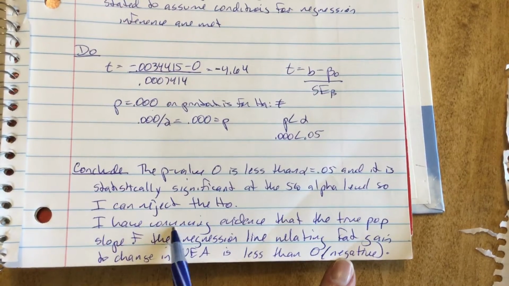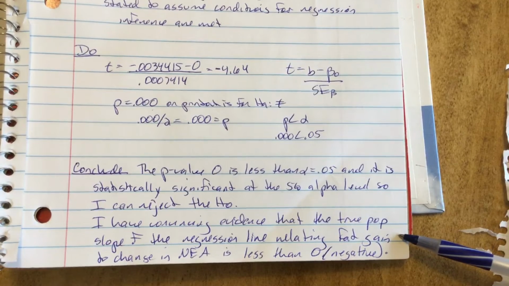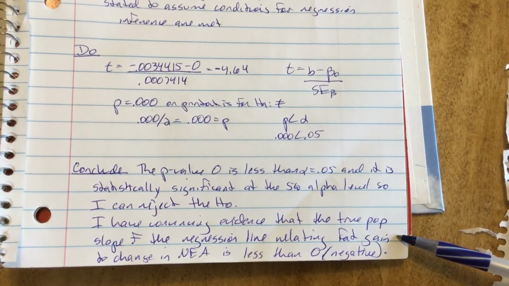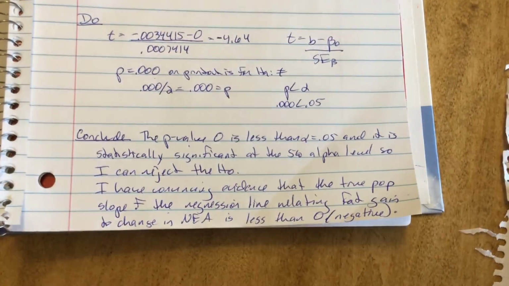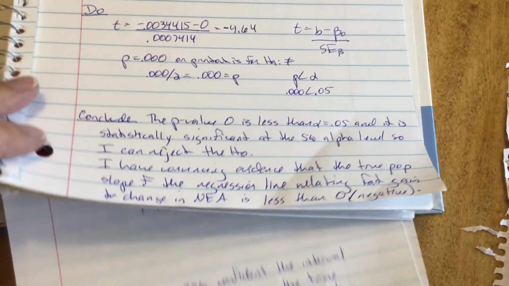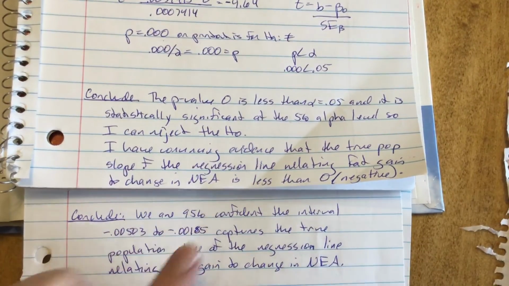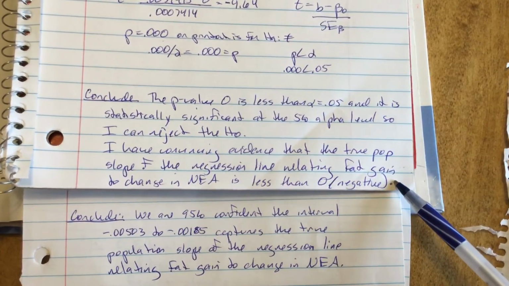I have convincing evidence that the true population slope of the regression line relating fat gain to change in NEA is less than 0, or it is negative, okay? And that exactly matches our confidence interval, because remember, our confidence interval ended up with an interval from negative to negative. So it makes sense that I would reject the Ho and have evidence for a negative slope, okay?